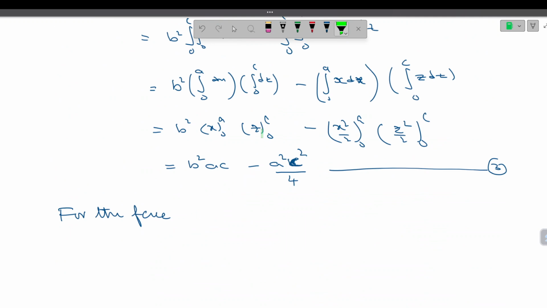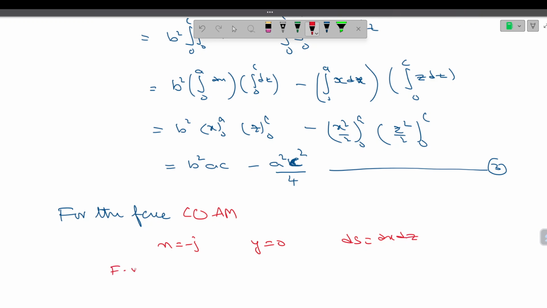For the face, n equal to minus j and y equal to 0 and ds equal to dx dz.